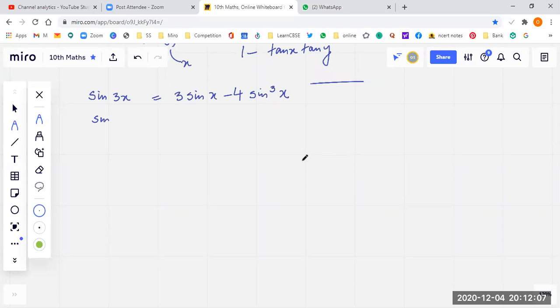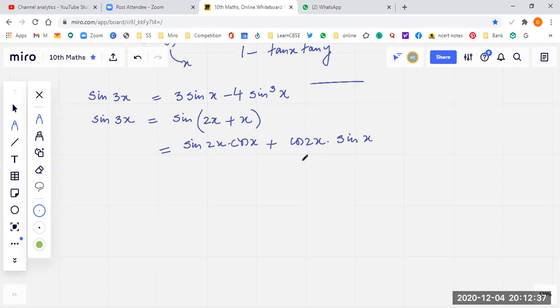Well, sine of 3x, can I write it like this? Sine of 2x plus x. Am I right? So this will be equal to sine 2x into cos x, plus cos 2x into sine x. Am I right?